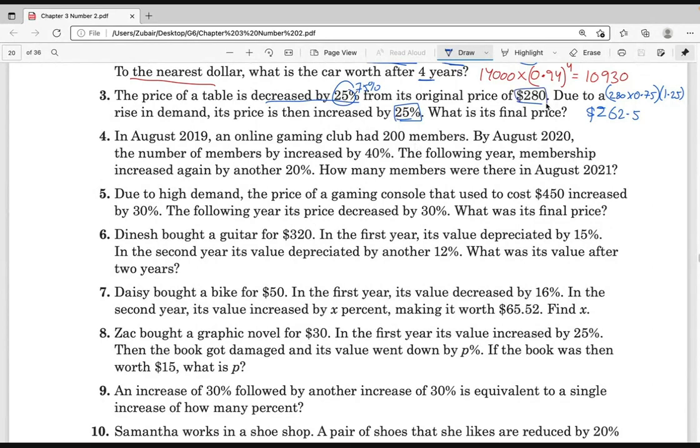It is not the same, because when we are decreasing 25%, we are decreasing 25% of 280. And when we are increasing it again, we are increasing it on 210. 75% of 280 was 210. So 25% again increased on a lesser value. That is why it does not equal the original value.